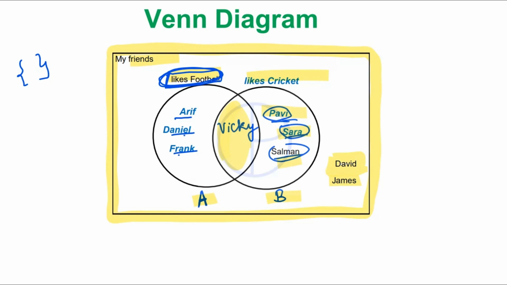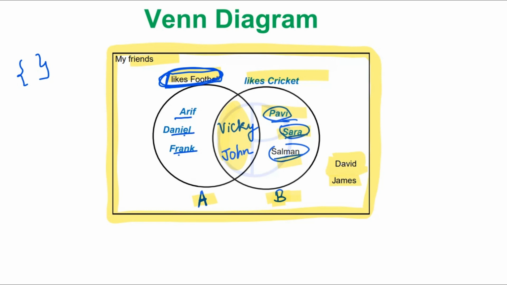Okay, so I want to show you here. I named the set in this circle A, and in this circle B. So the intersection, if you remember, was originally Vicky and John. They were members of both circles. They both like football and they both like cricket, so they are in the middle.